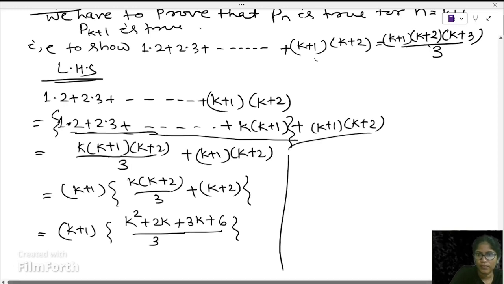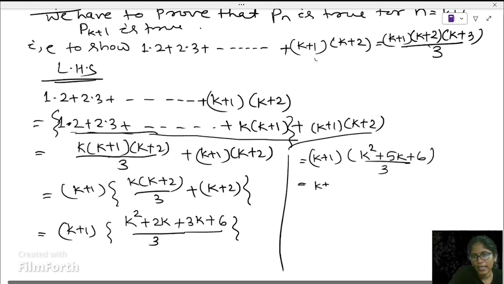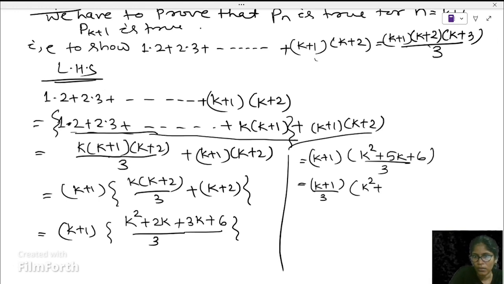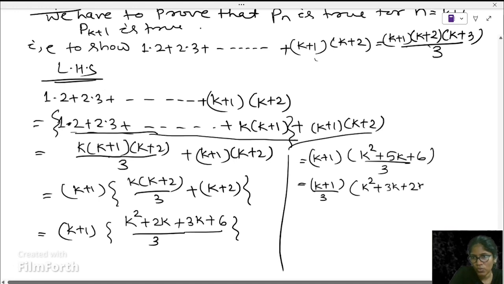Which equals k plus 1 into k square plus 5k plus 6 divided by 3. Now we can write k plus 1 by 3 into k square plus 3k plus 2k plus 6, breaking 5k as 3k plus 2k.